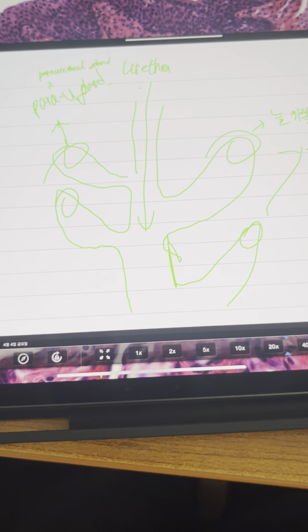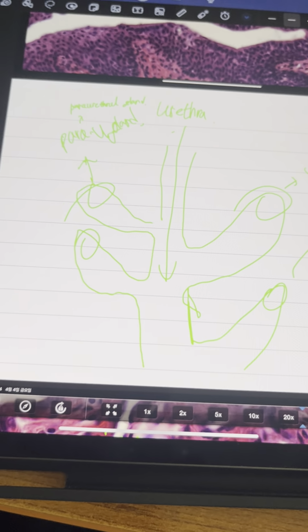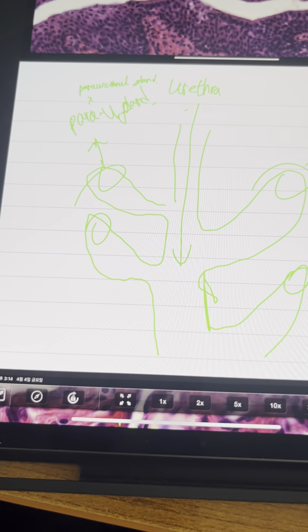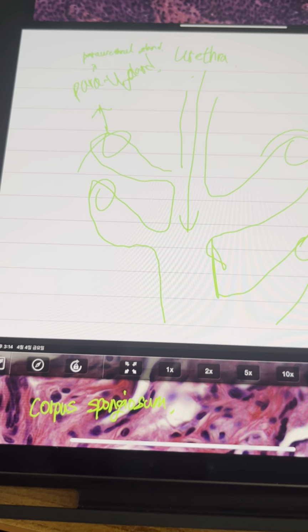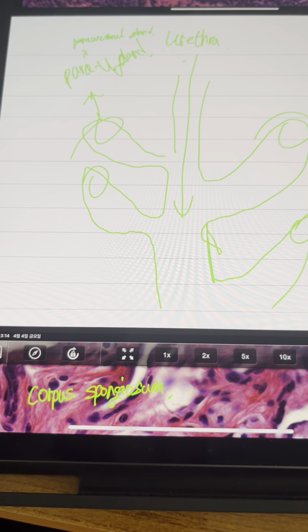And the clinical significance is that because of this kind of anatomical arrangement of the paraurethral duct, bacteria may reside here and proliferate for a long period of time and may cause inflammation. Because the urine cannot really wash these bacteria out of this territory, that's the problem.